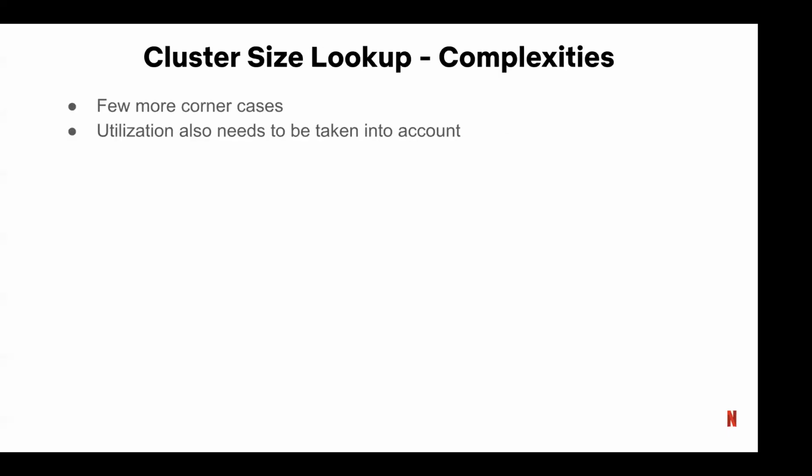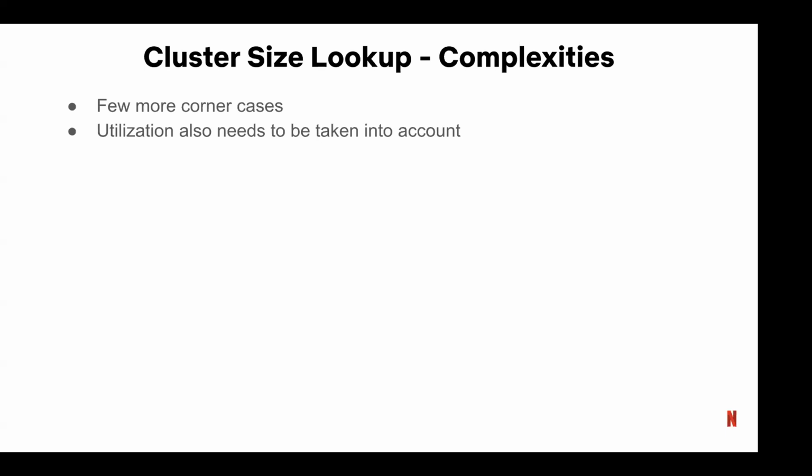So these were some simple examples to demonstrate the idea of the performance table. In practice, there are a few more corner cases. Also, you need some additional information on top of the cluster size and throughput at that cluster size in the performance table. You also need to track the resource utilization at that cluster size.